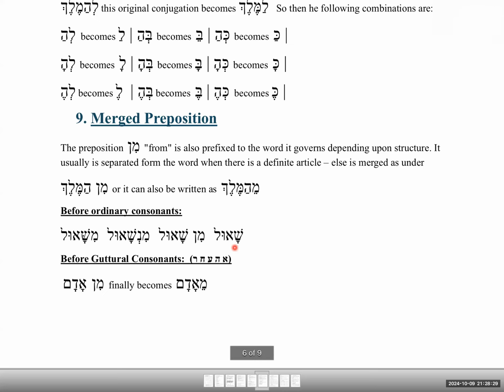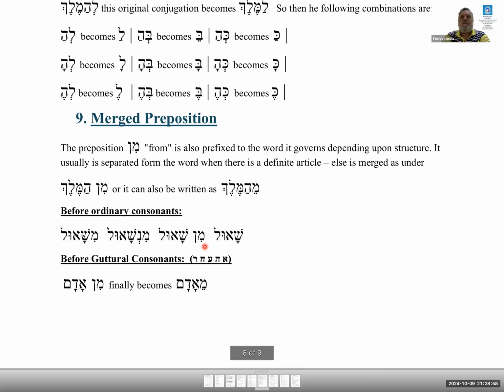So if I were to write a word from Shaul, mishaul, would it be wrong if I wrote min Shaul? This is also right. Not a problem. This also is right because of redundancy of speech. So instead of saying min Shaul, they say mishaul.